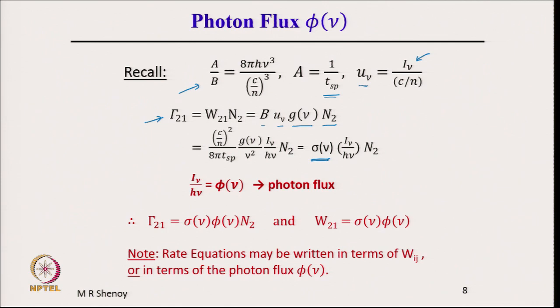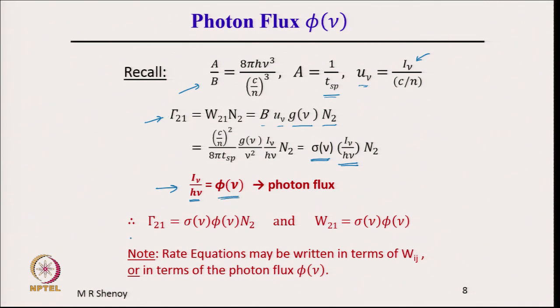This we have discussed in detail, but I am just recalling, into I nu by h nu into N2. This quantity I nu by h nu is the photon flux. I nu is the intensity, which is power per unit area; power is energy per unit time, so per unit area, divided by the energy of one photon, gives us the number of photons per unit area per unit time, which is called the photon flux phi nu.